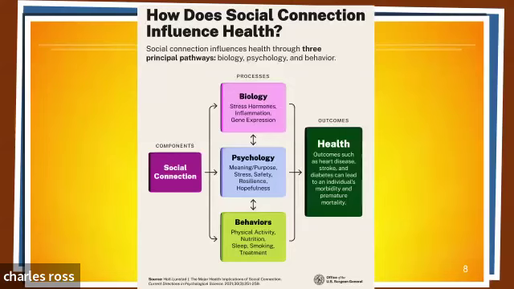And then behavior, what I was getting at earlier about how there's no lifestyle pillar, behavior, or habit that is really in a silo. If you have more social connections, you might be more likely to go out and be physically active. If you're sharing meals with your friends, your family, your loved ones, you might make healthier meals and eat healthier meals.